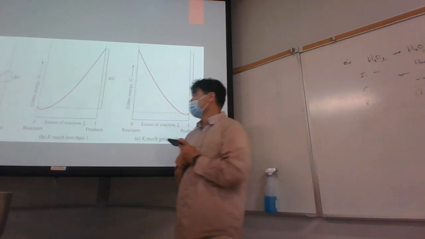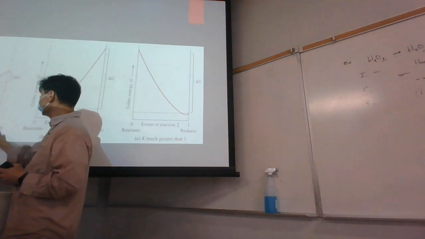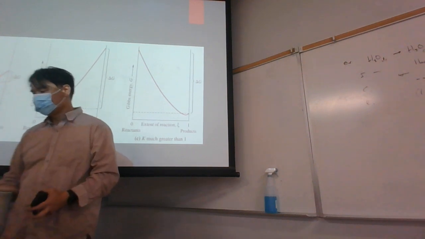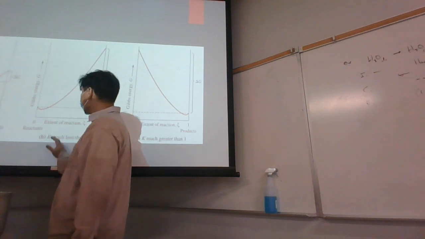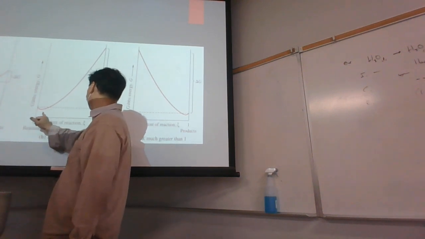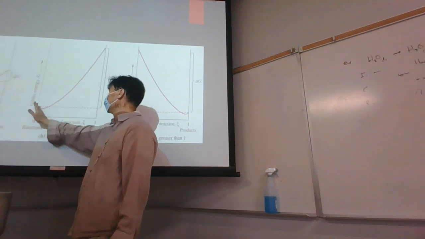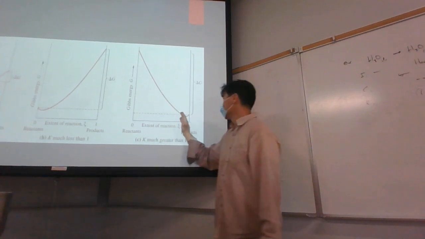So this is what this is kind of showing. What this is kind of showing is if we start off at 1, where do we end up to reach equilibrium? The extended reaction. This one is showing here that K is much less than 1. This is all reactants. Over here, this is showing K is much greater than 1.